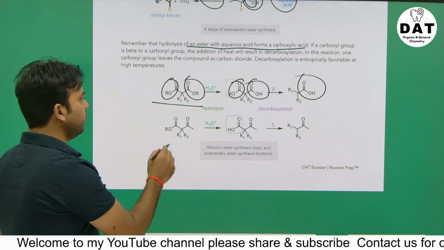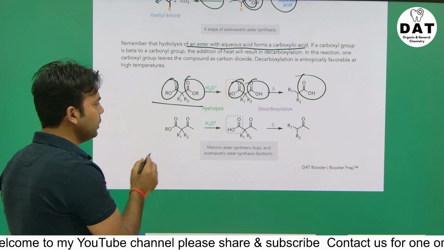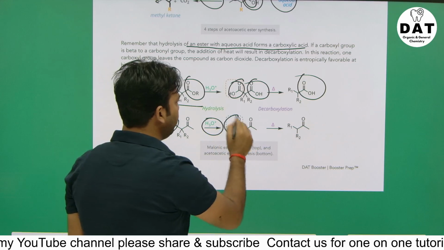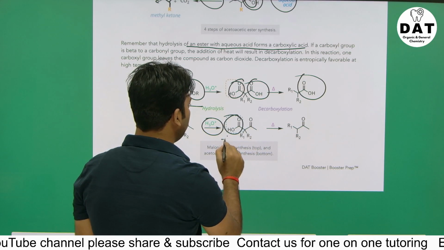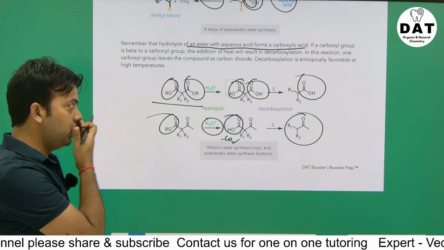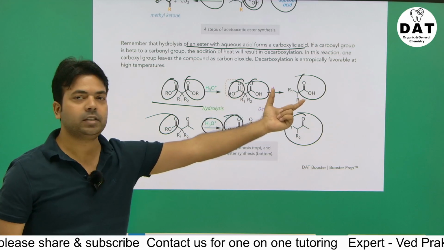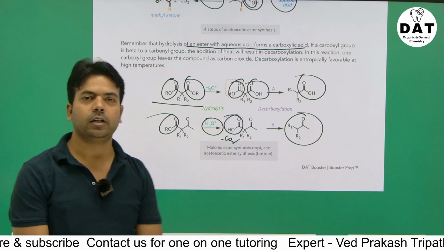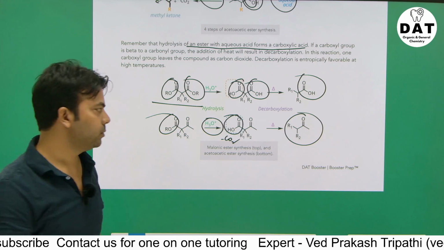While in the second one, in acetoacetic or beta ketoester, if you hydrolyze this, the ester becomes acid. And once you heat this, there is a removal of CO2 from this molecule and you have this one. Clear? So malonic ester gives you acid and acetoacetic ester gives you ketone. Clear? So this is the big difference.